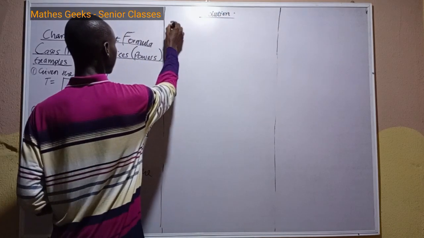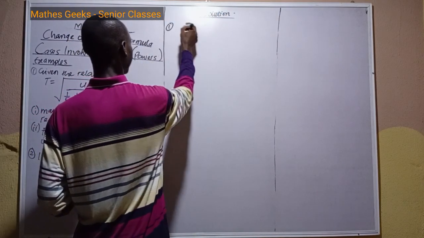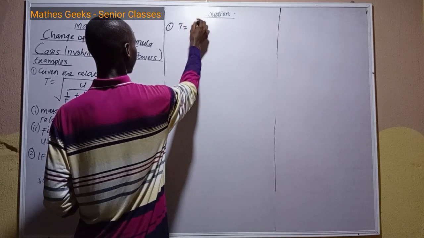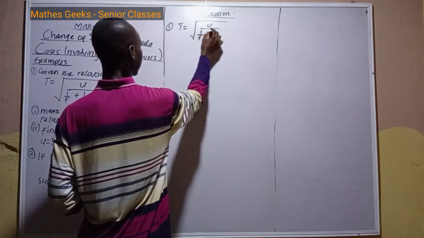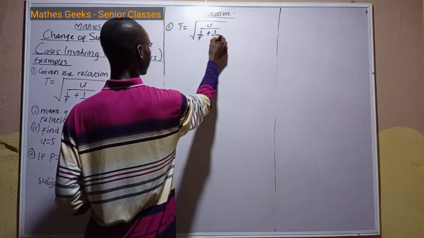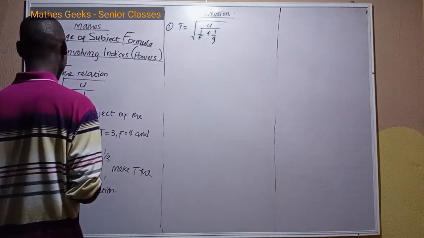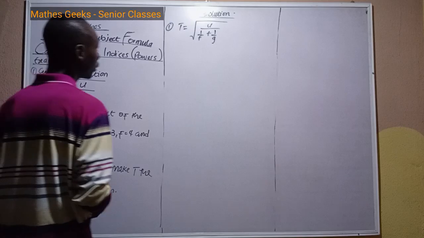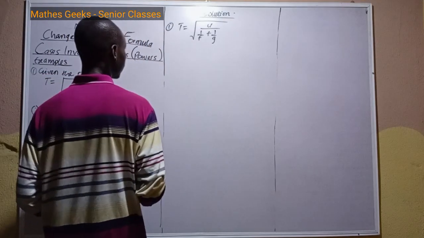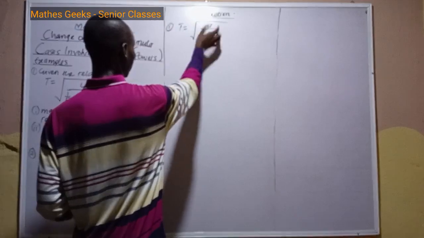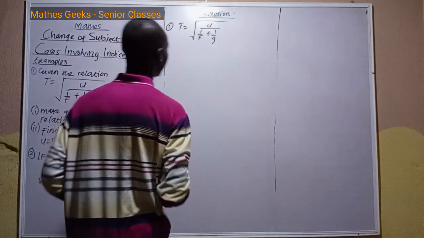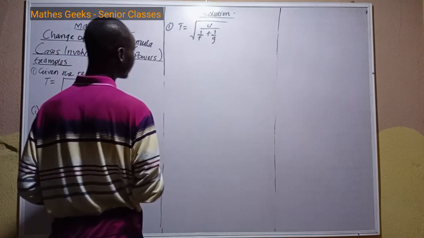Solution number 1. Given the relation T is equal to the square root of U over 1 over F plus 1 over G, make G the subject of the relation. To make G the subject of the relation, we first need to clear off the square root side.